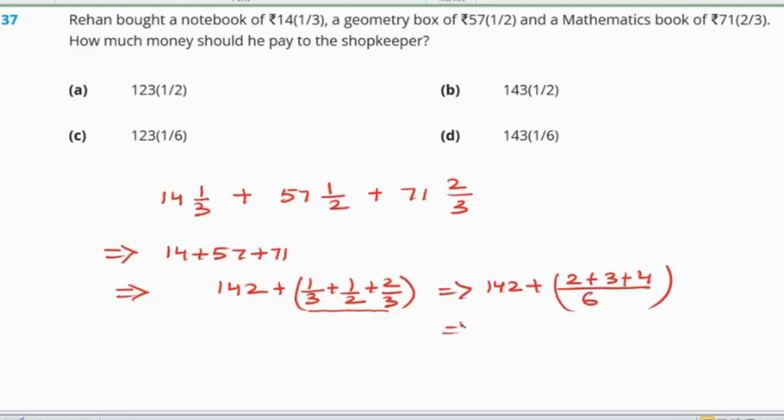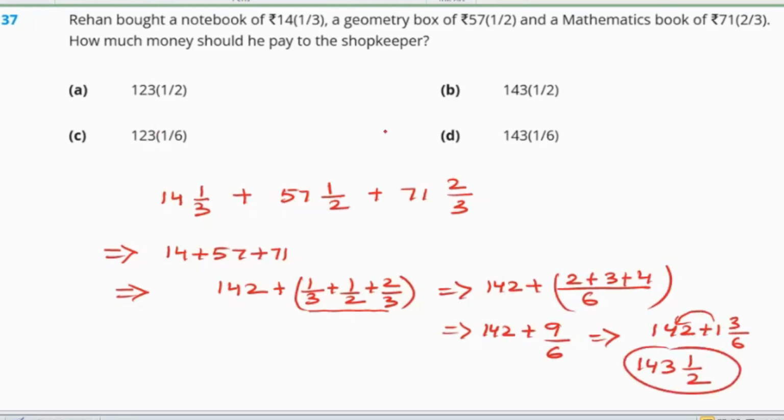When we add them together, we will be getting 9 by 6. 9 by 6 we can reduce to the form 1 whole 3 by 6. So 1 will be moved over here, so it becomes 143, and 3 by 6 becomes 1 by 2. So the answer we are getting is 143 whole 1 by 2, which is option number B.